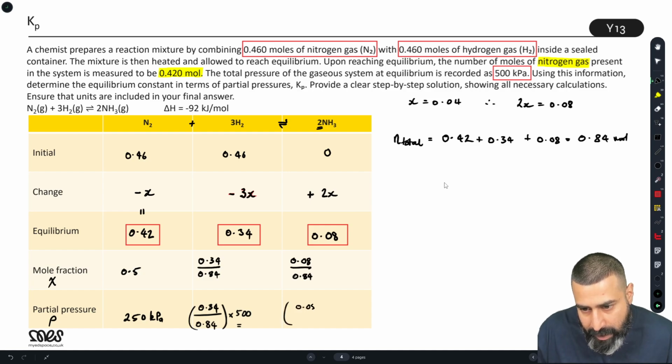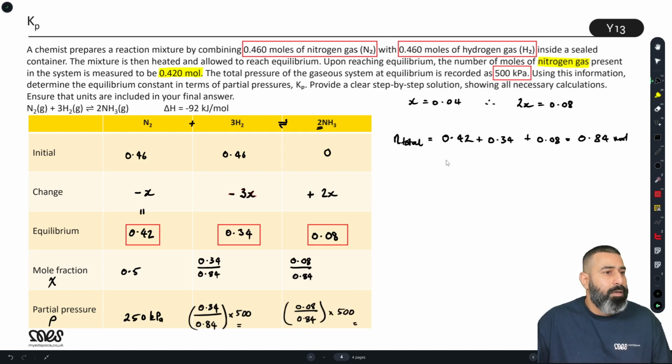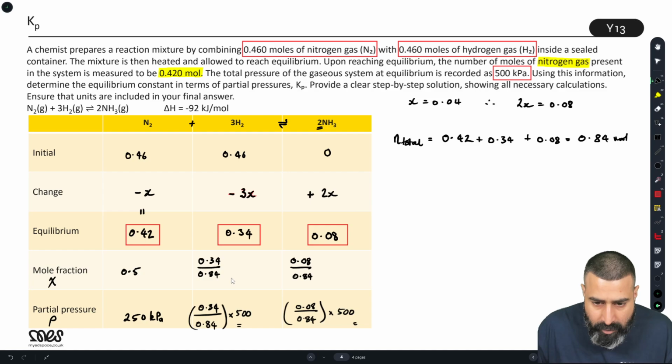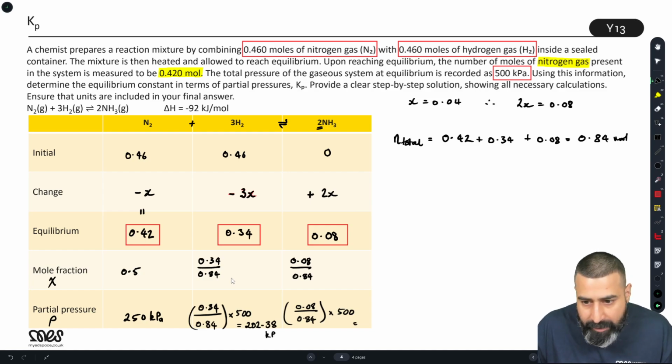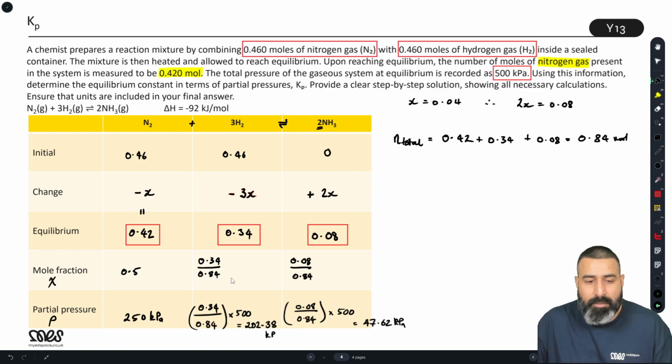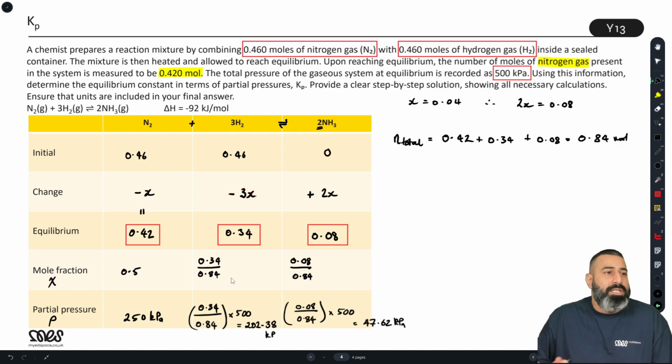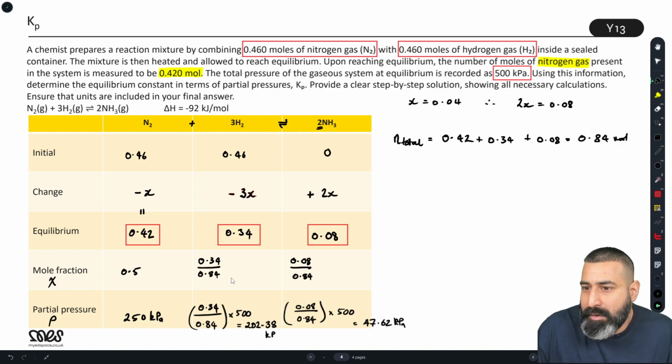So 0.08 over 0.84 times by 500, and we can round up at the end. Okay, so what do these work out as? So we should get 202.38, and that's in kilopascals, and we should get 47.62 also in kilopascals.